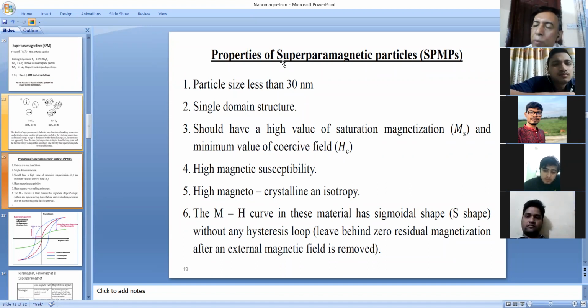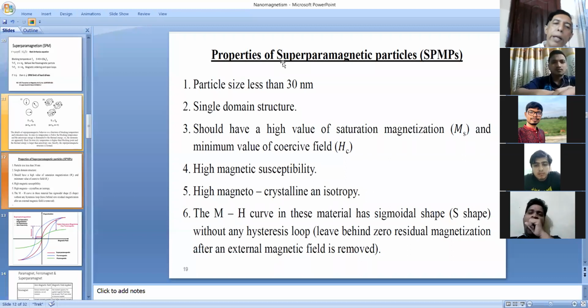In any paramagnetic substance, we get a very low magnetic susceptibility. But in case of superparamagnetic particles, we will get a very high magnetic susceptibility and high magnetocrystalline anisotropy.